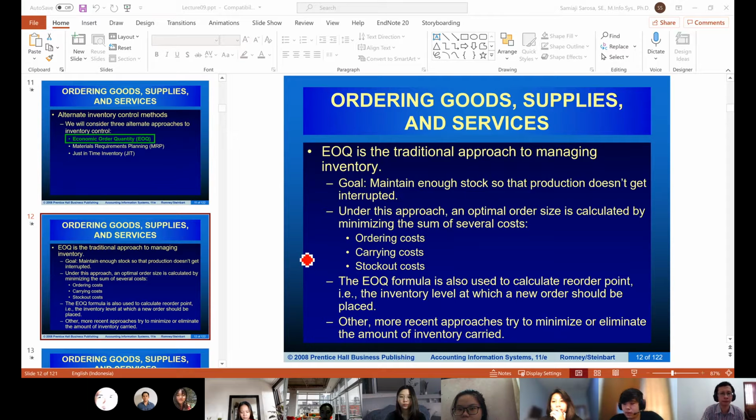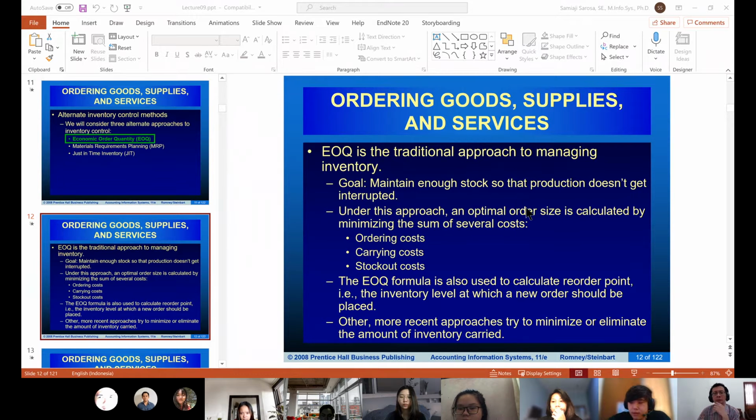Okay. So this is a typical graphic showing the quantity and this is time. So it's typical.